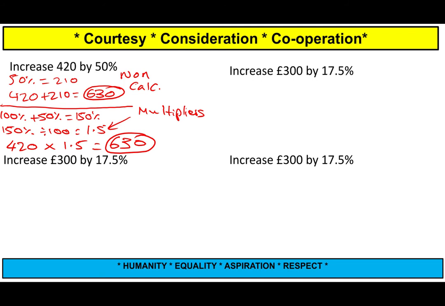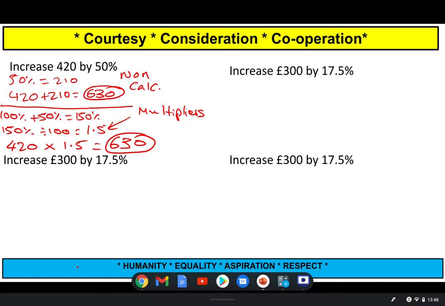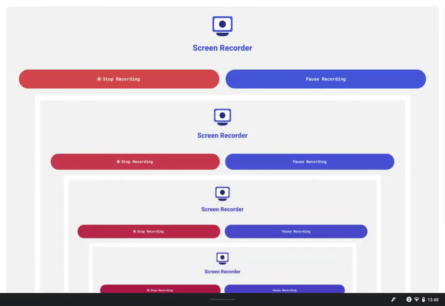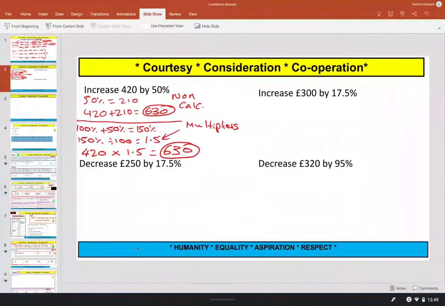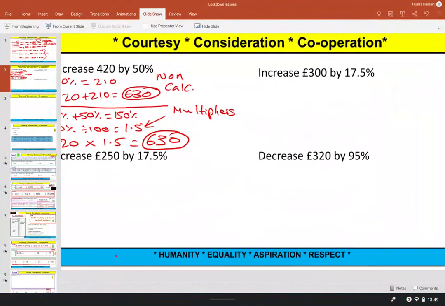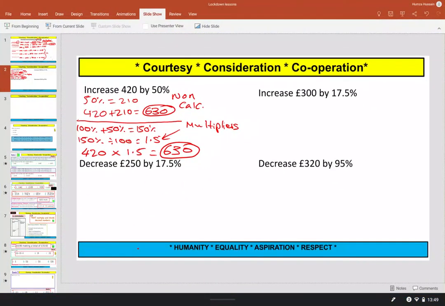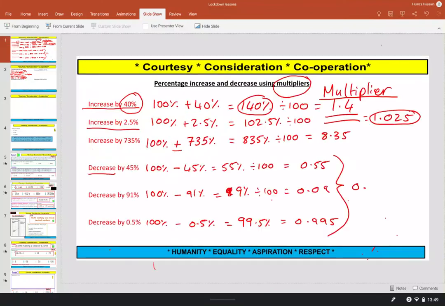Okay, let's try another one. So for the next example, all you have to do, increase 300 by 17.5%. So same thing again.